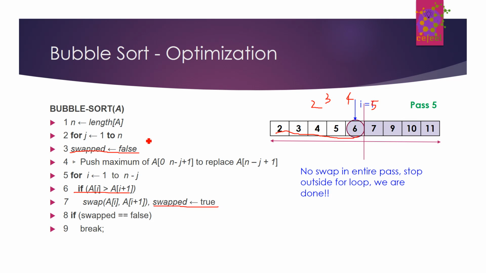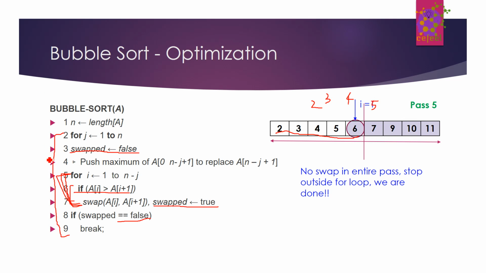The inner for loop ends here, and I have changed the while loop to a for loop a little bit, just so that we don't have to mention i equals i plus 1. Once the inner for loop ends, we check if swapped was false, which means we really didn't do any swap, and we break from the outer for loop, so we don't need to continue in the algorithm any further.